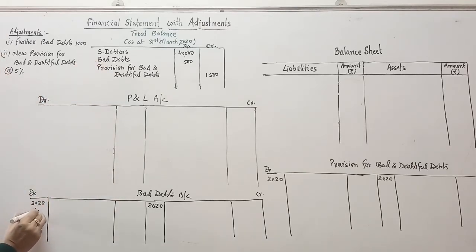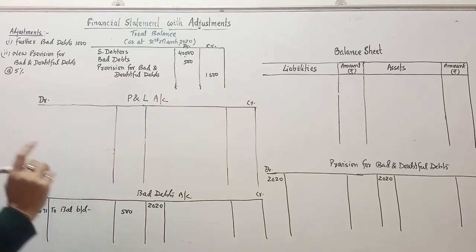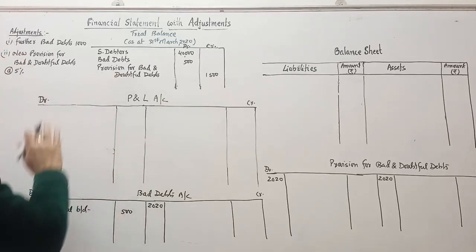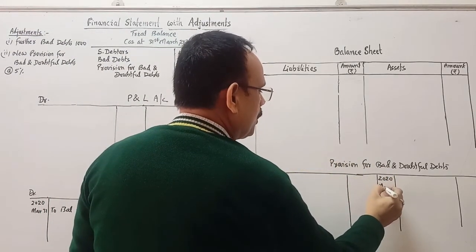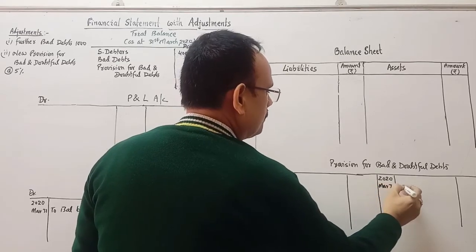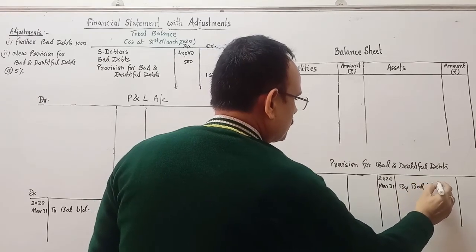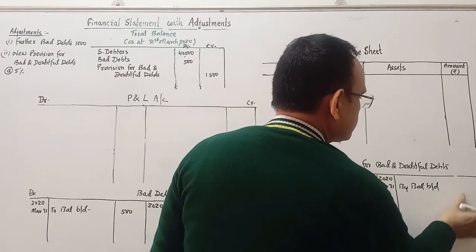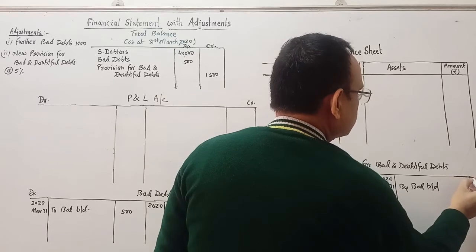March 31st, we'll add on the debit side to balance, brought down. This is brought down from the previous year, 500. Okay, bad debts have a debit balance, and this provision for bad and doubtful debts has a credit balance. In the ledger of provision for bad and doubtful debts, on March 31st, you write by balance brought down on the credit side.